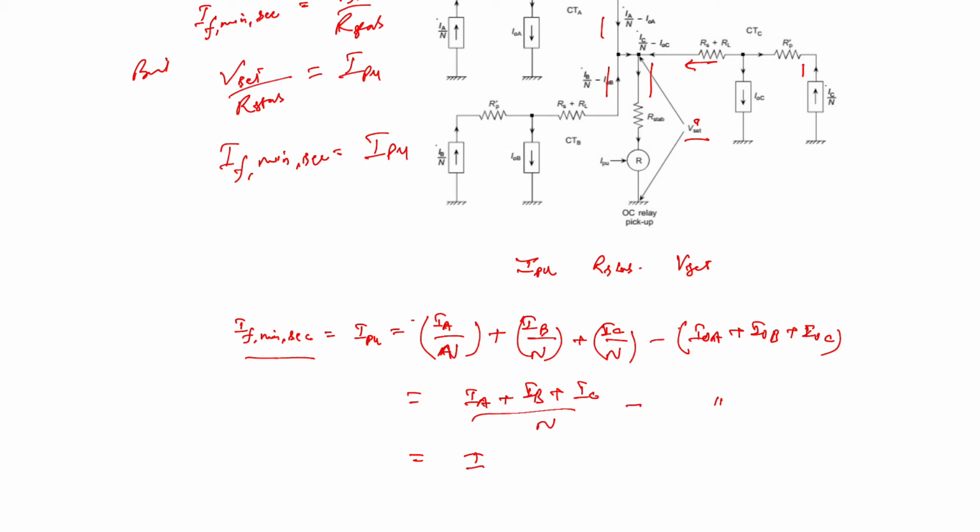So we can write it as IF internal minimum primary divided by N minus 3 I naught, because we have assumed that all the CT magnetizing currents are the same, and let it be I naught. So it is 3 I naught.